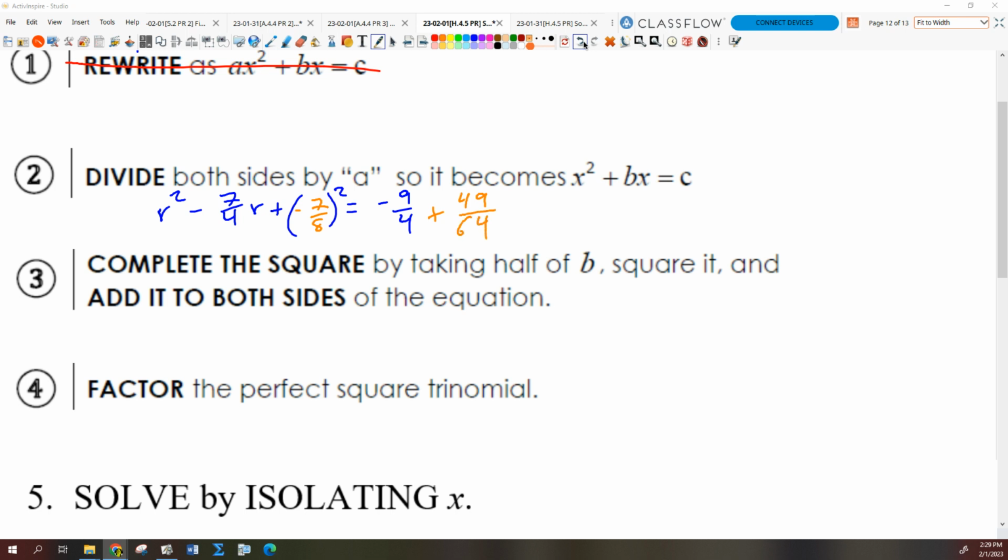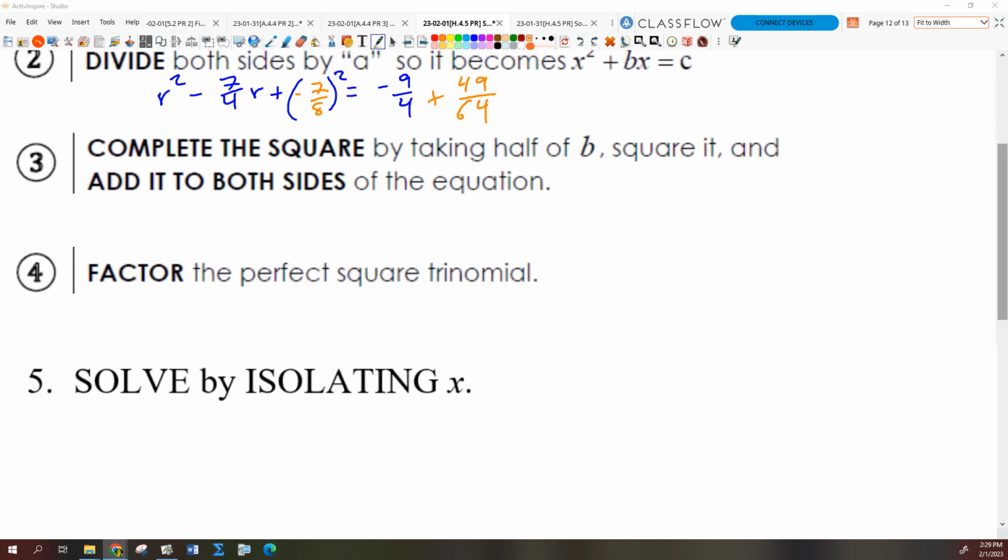Okay, and then so when we factor the perfect square trinomial, what am I combining with my variable? Right, half of b.